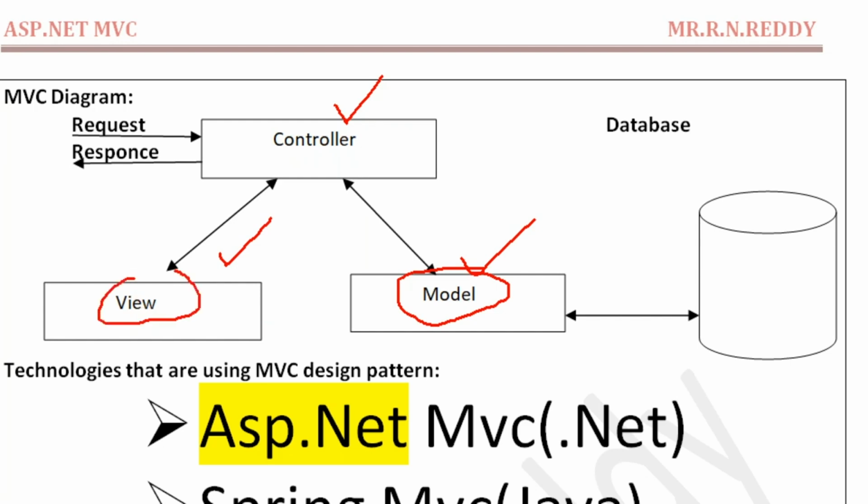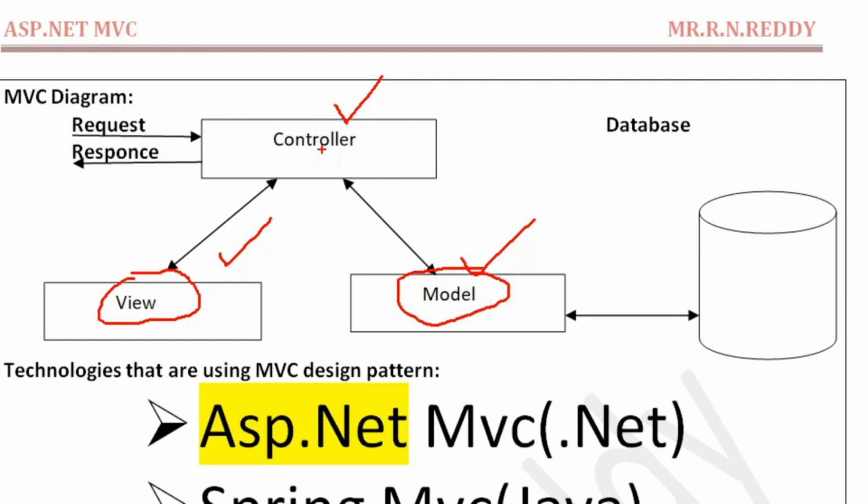View will contain the UI logic, means appearance logic. Controller will contain the execution logic. A request will come to the controller. The controller will process the request. Based on the request, it will forward to either view or model. And again, view will respond to the controller. The controller will give the output to the browser.